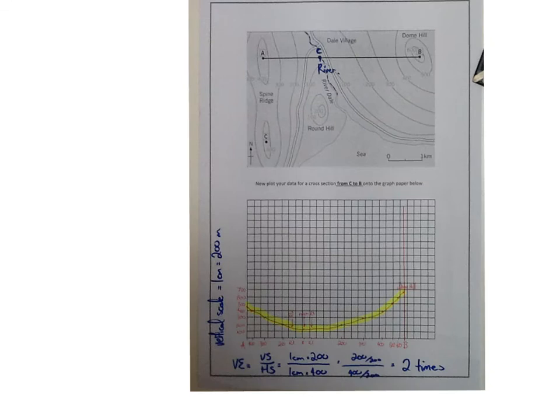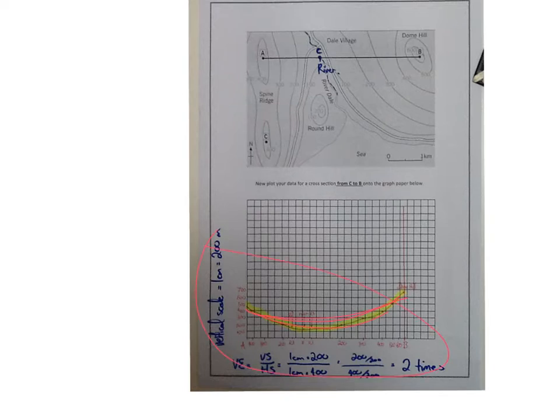For those of you that have watched my vertical exaggeration and my cross-section videos, I'm going to be using the same map. It's a nice simple map, and I think because it's simple, it's easy to start to explain the process. You can see here's the cross-section, and I've already done the vertical exaggeration.